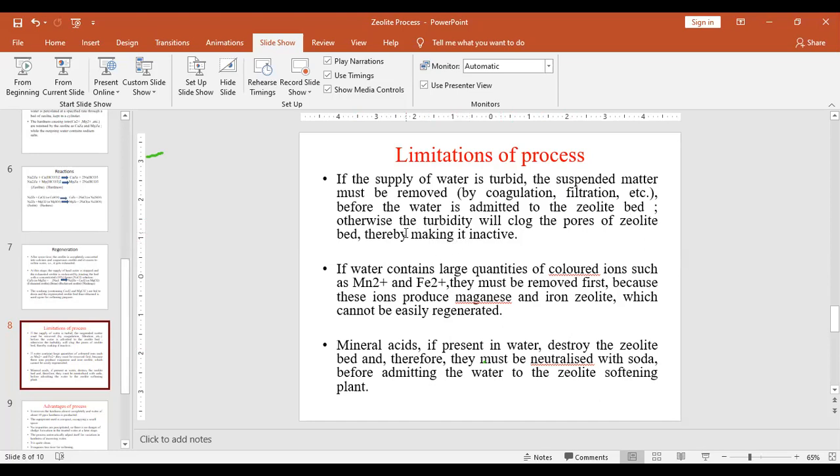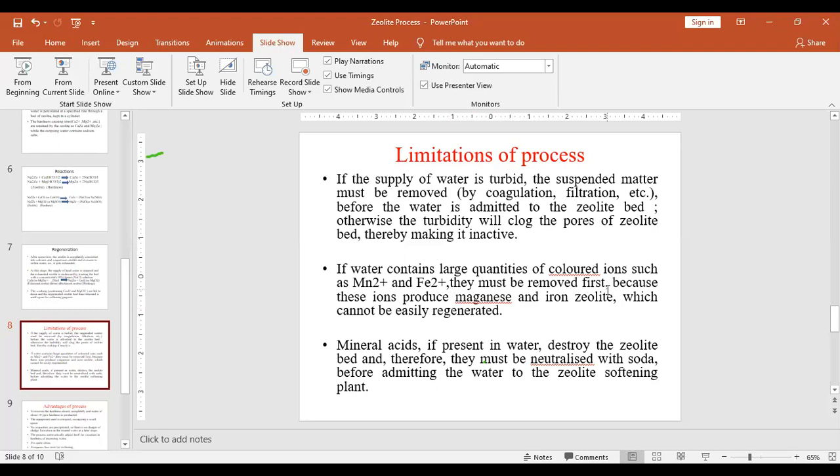Okay. So before the water is admitted to the zeolite bed, otherwise the turbidity will clog the pores of the zeolite bed, thereby making it inactive. जर ते ब्लॉक झाले टर्बिडिटीनं, तर त्याचं ते जे महत्त्वाचं काम आहे की removal of dissolved impurities in the form of calcium and magnesium will not be performed. Okay.